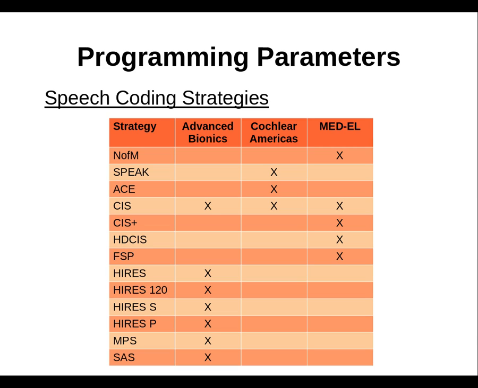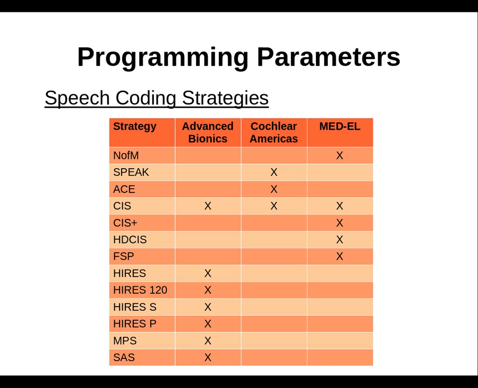The only one we see here that's available across all manufacturers is CIS, which is one of the older algorithms, standing for, I believe, continuous interleaved sampling. And then the HiRes, we can see those are all for Advanced Bionics. SPEAK is also a generic one that's been around for a while. Some of these are going to be manufacturer specific, and some of them are going to be more generic, like CIS.